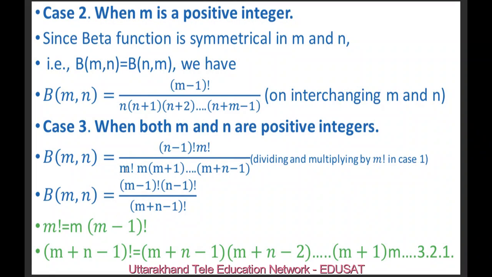And in the denominator we have factorial m minus 1, m plus 1, m plus n minus 1. And if we write these terms in reverse order, we will have m plus n minus 1, m plus n minus 2 term before this, then m plus 1, then factorial m. Factorial m is m minus 1, 3, 2, 1. And this is nothing but factorial m plus n minus 1. So beta(m, n) is equal to factorial m minus 1, factorial n minus 1 upon factorial m plus n minus 1.